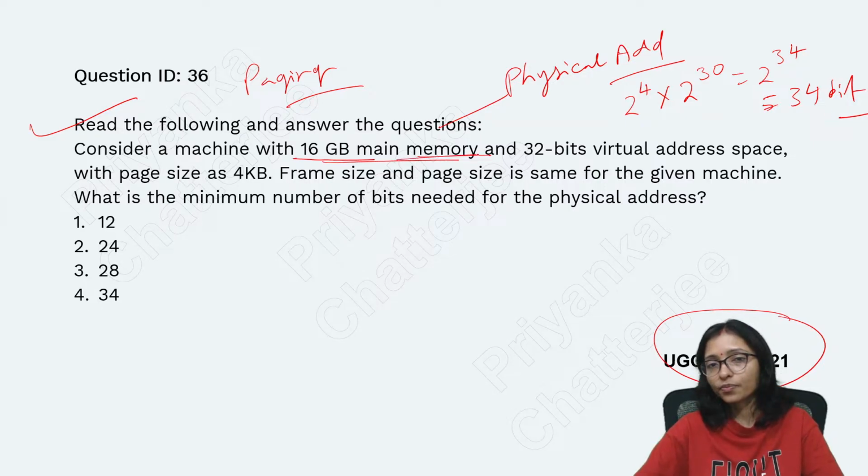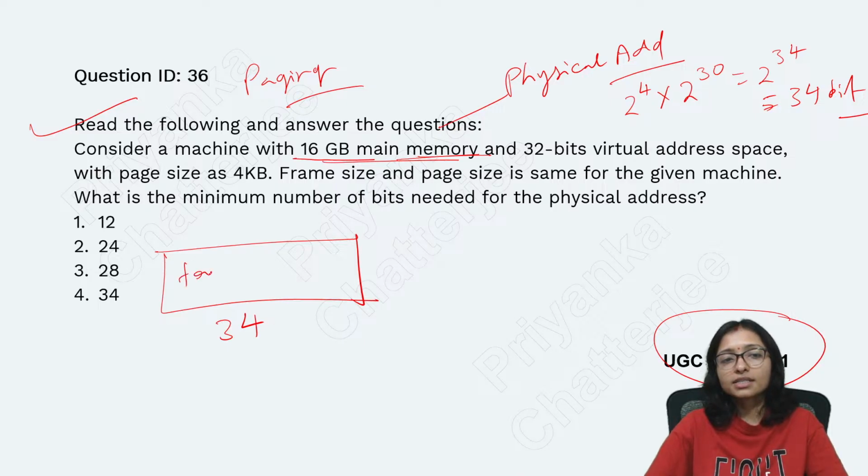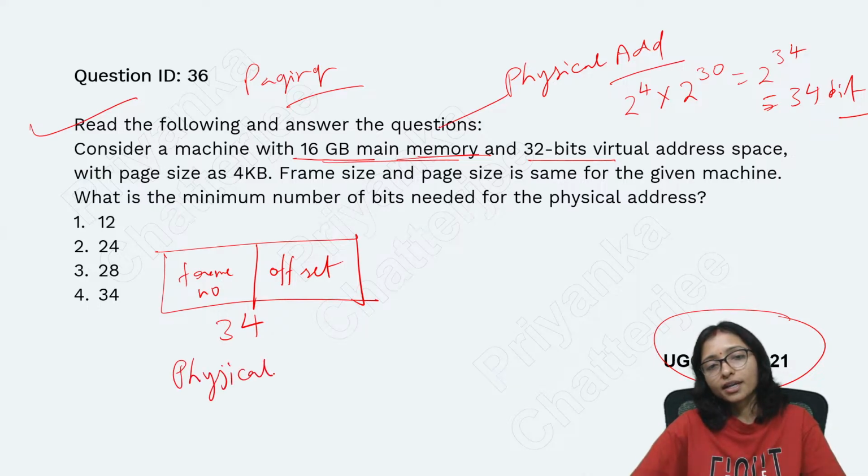The physical address consists of frame number and offset. These two things will be there. This is your physical address.